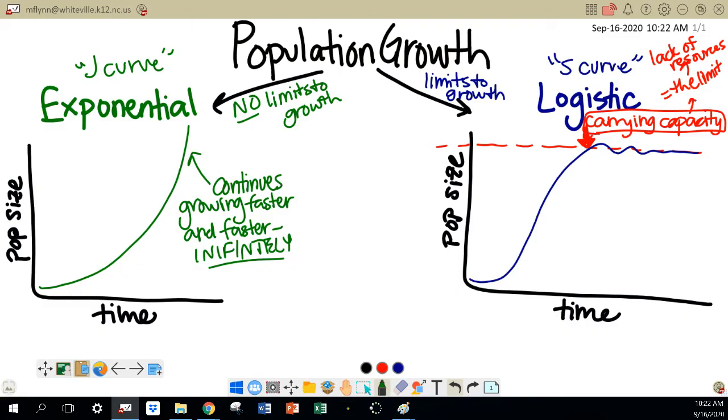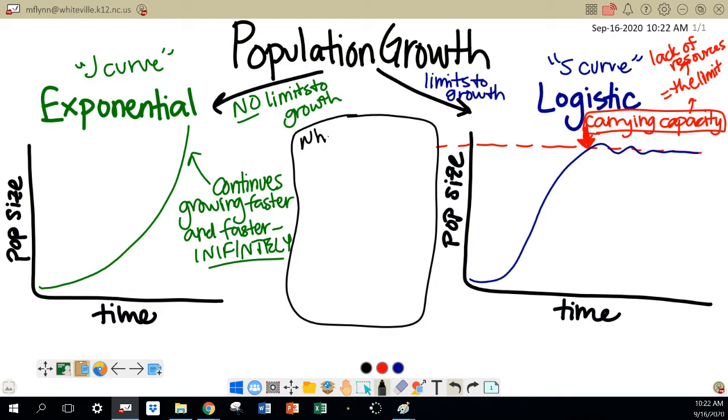So the note I want to make here about the real difference between this, I'm going to make a little box here. When a population first colonizes an area, it grows exponentially.